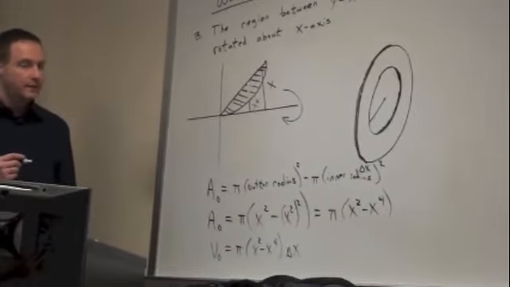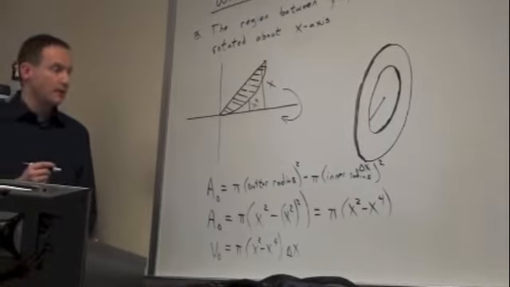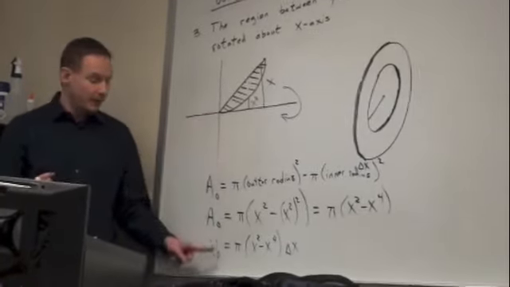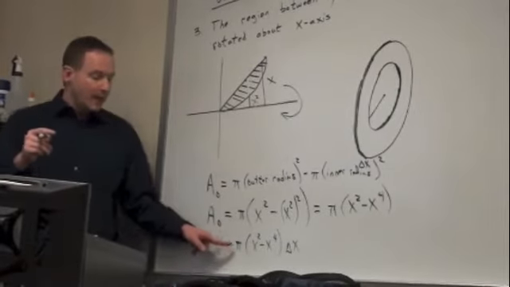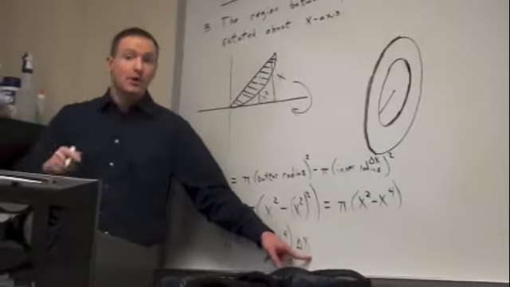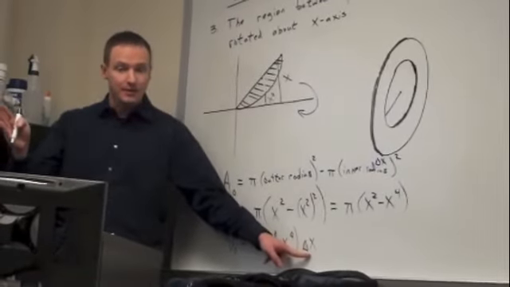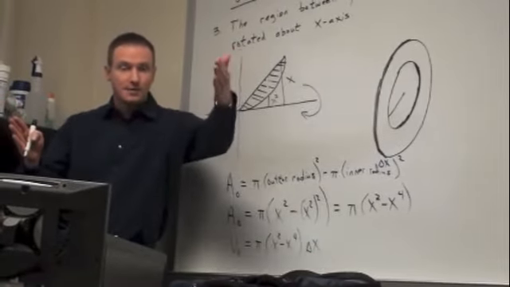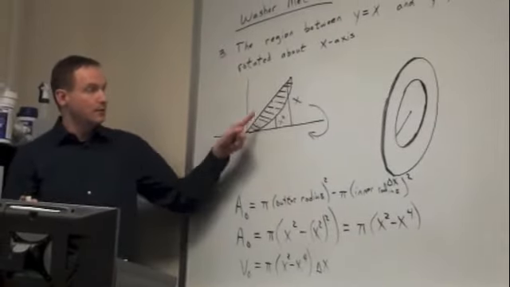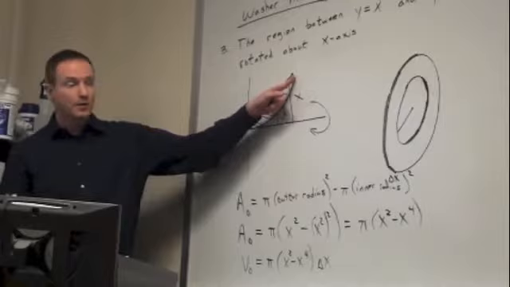So, hopefully you see where I'm going with this. The next step, in order to find the volume, is to sum every one of these conceivable cross-sections from where they begin in terms of x to where they end in terms of x. They begin at x equals 0, they end at x equals 1.